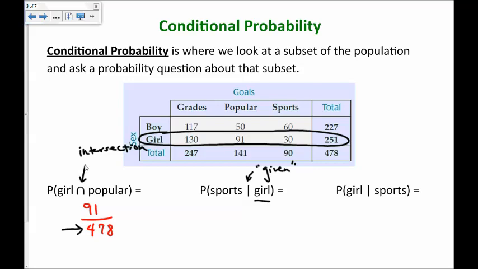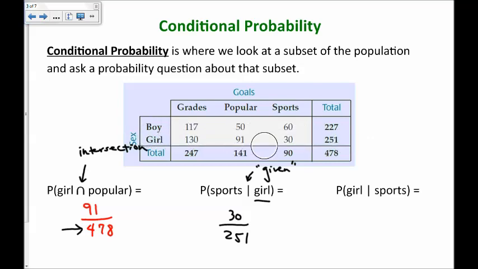Okay, now the probability that, given that they're a female student, so out of the 251 female students, 30 of them have a primary goal to do well in sports. That changes if we are looking at the probability that someone is a girl, given that their primary goal is sports.